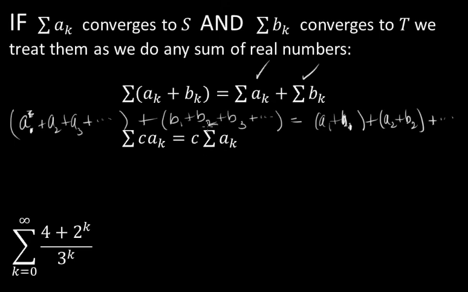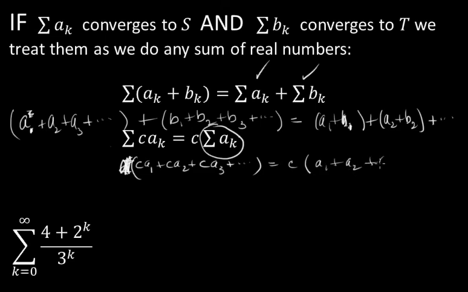And also, if sigma a sub k is a convergent series, in other words, if it makes any sense, you can certainly move a constant from inside the summation to outside. It's your distributive property. We're saying that the sum of ca1 plus ca2 plus ca3 plus forever is equal to c times a1 plus a2 plus a3 forever.